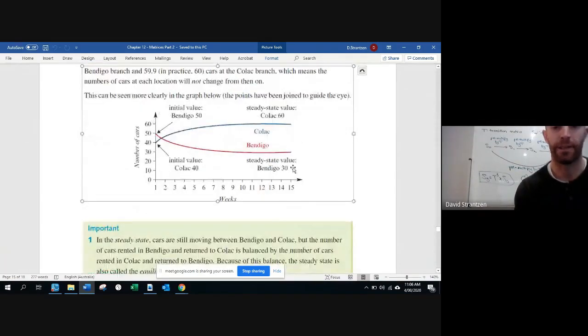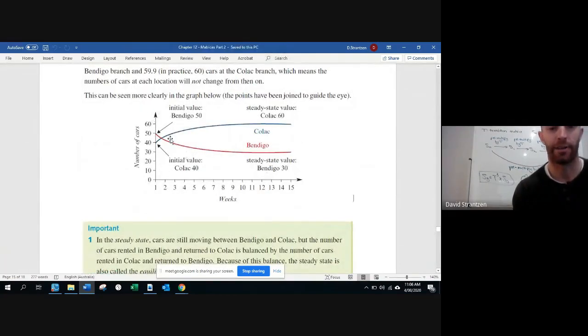If we plot the number of cars at each location over time, the number of weeks is on our horizontal axis and the number of cars is on our vertical axis. You can see that we started off with more in Bendigo compared to Colac, but over time, first of all, they swapped places. So after a little while, there were suddenly more cars in Colac compared to Bendigo.